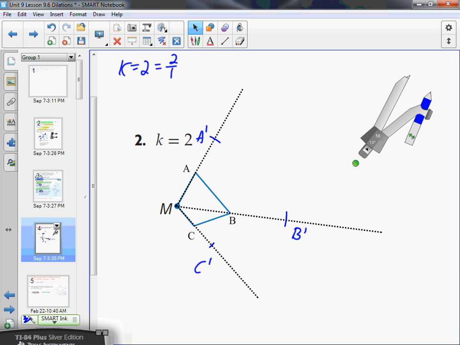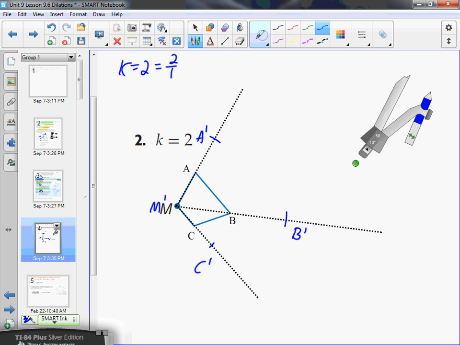Now, M also is part of this figure, but since M is the center of dilation, where do you think M prime is? The same point. Just like if a point's on the line of reflection, it doesn't go anywhere. Same thing's happening here. Since M is the center of dilation, M prime is the same point.